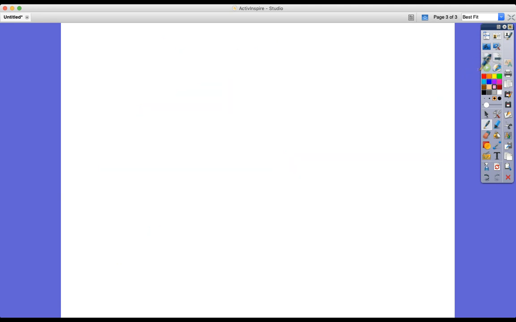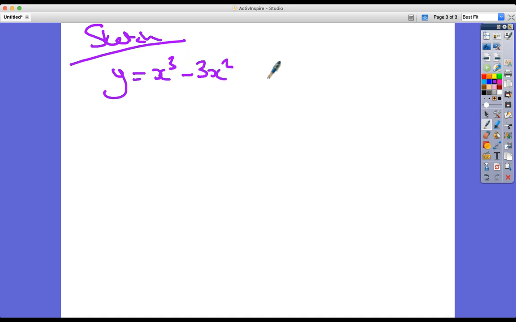So first example is this. Okay, so we're going to sketch. The function is y equals x cubed minus 3x squared minus 24x plus 1. And the conditions are to include stationary points, or turning points, sometimes called.